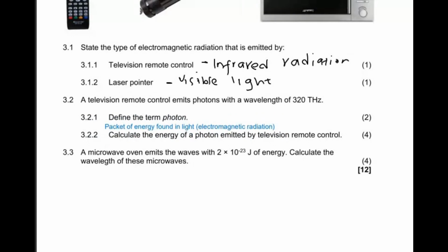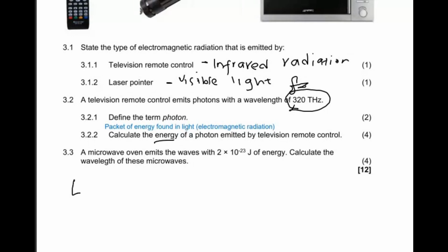Now, question 3.2.2. Calculate the energy of a photon emitted by the television remote control. So that television remote control, it was mentioned that it emits a frequency of about, how much is that? It's going to be 320 terahertz. Now we need to determine the energy of that photon. This is pretty straightforward.